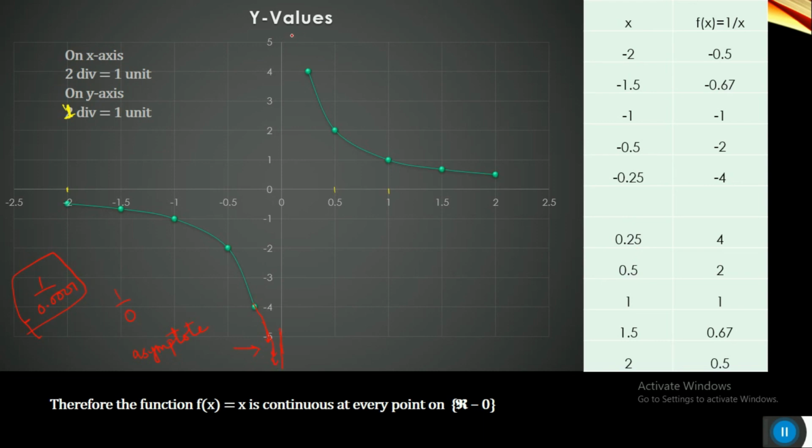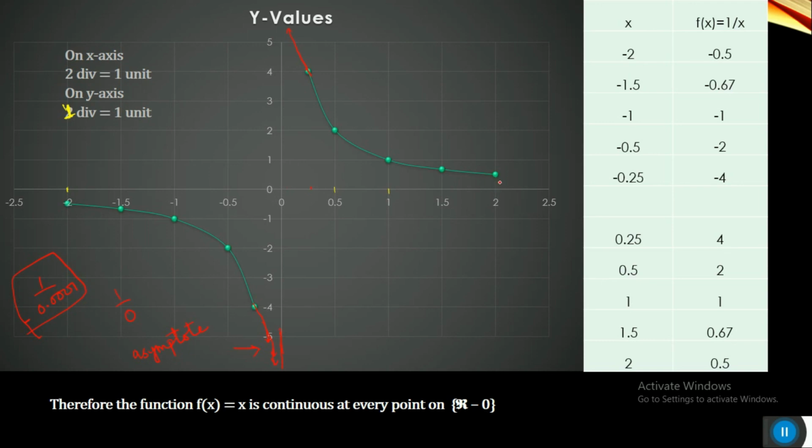Similarly, when you go to the positive side, your graph will jump from here to here. So it will come like this. As you take 0.1, it will be very near to the positive y-axis line. As you move down, 0.25 is somewhere here, then your value is 4. Then 0.5, the value is 2, 1, the value is 1, 1.5, the value is 0.67, and for 2, 0.5.